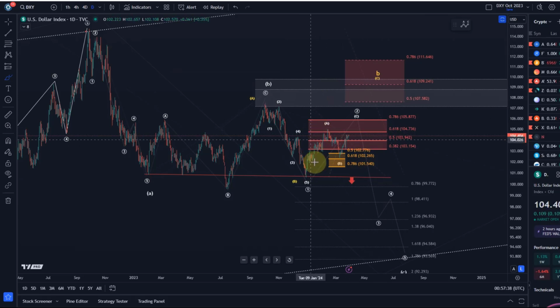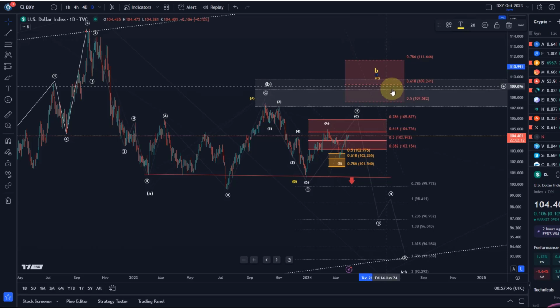That takes us to the yellow count, in which the B wave that presumably topped in October is actually still unfolding as just a larger B wave. This larger B wave could send us into the region between $107.58 and $111.64. It would be the scenario for me to follow primarily if there's a break above 105.87.